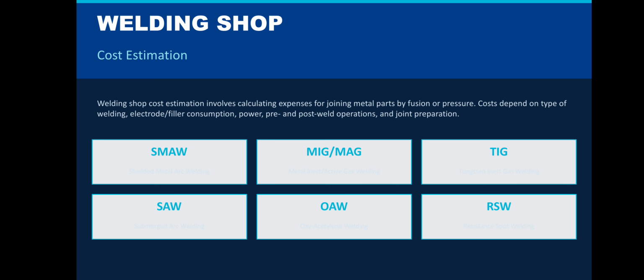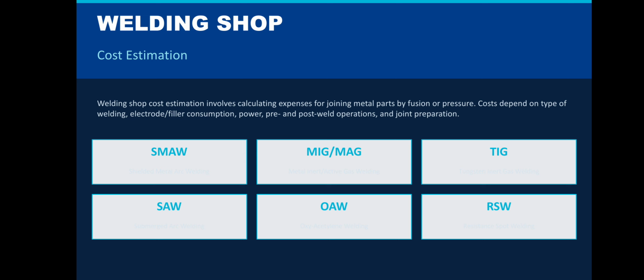So different welding processes are included in the welding shop, such as SMAW. SMAW means shielded metal arc welding, also called stick welding. The second one is MIG or MAG. MIG means metal inert gas, MAG means metal active gas welding.